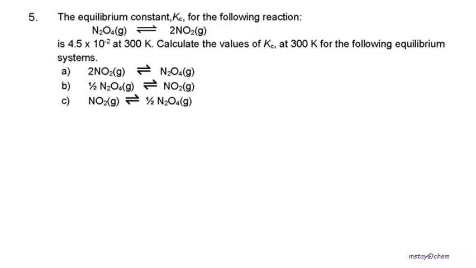Tutorial question number 5. This is the Kc value 4.5 × 10^-2 for N2O4 to NO2. Now we are given different chemical equations, but they are slightly similar to the equation given over here.